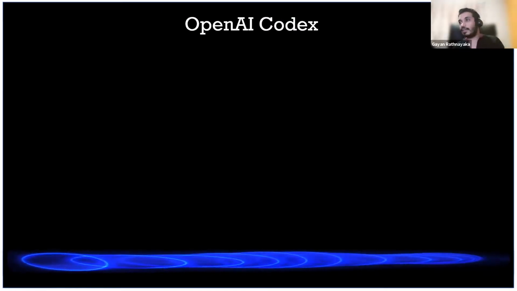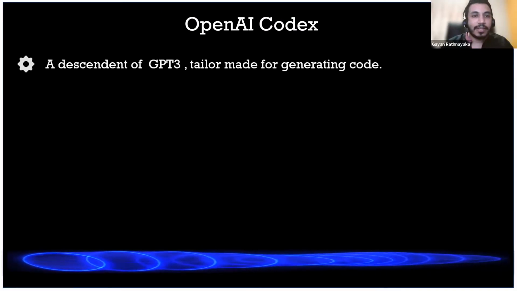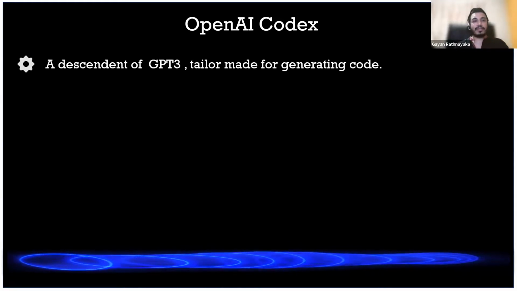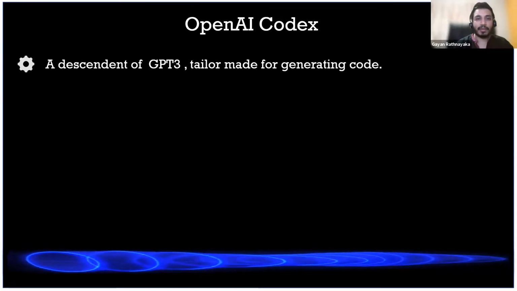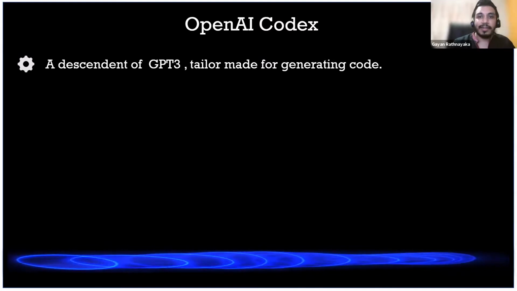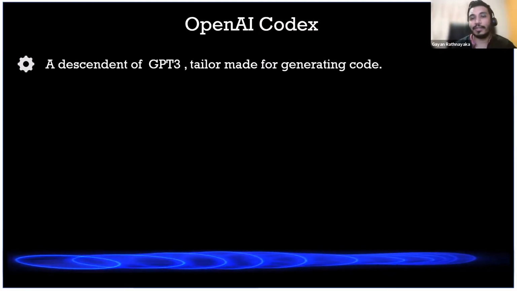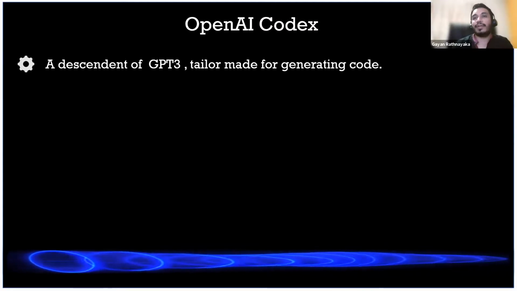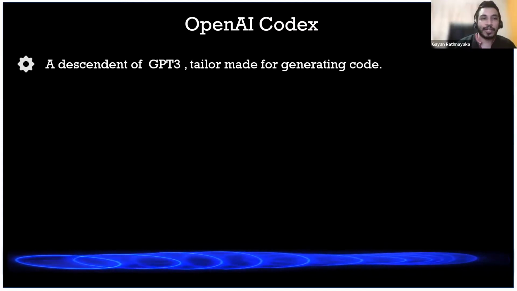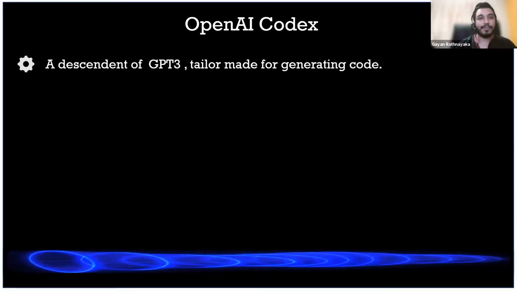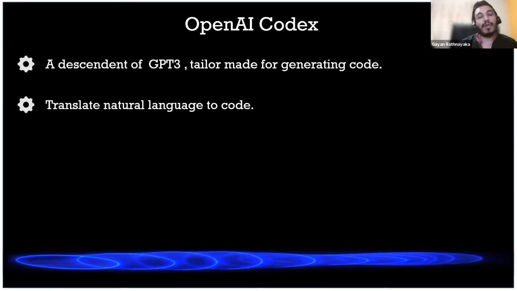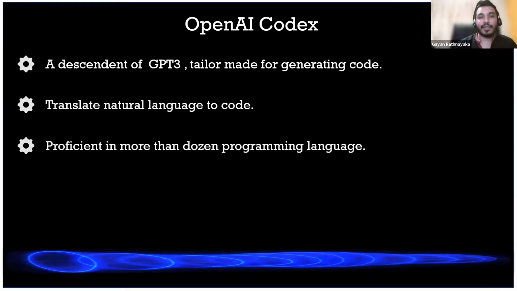So now let's go into AI Codex. AI Codex is a descendant of GPT-3, and it's tailor-made for generating code. The whole idea of Codex is to generate correct code according to the input that you give. And obviously, it will translate natural language to code.